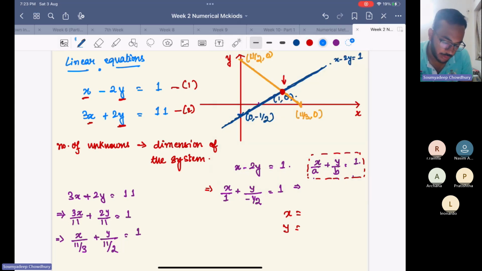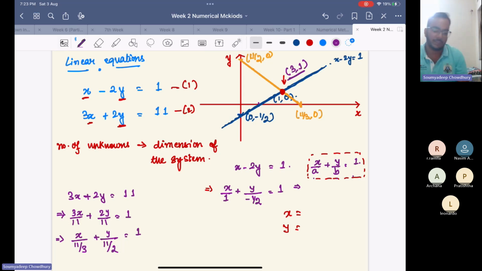What are the coordinates? Anyone? Yeah, correct. So it is 3 and 1, right?